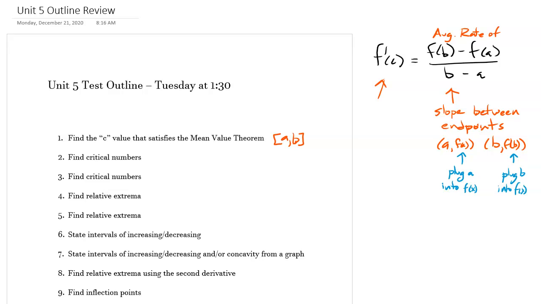F prime is the instantaneous rate of change. I'm going to guess that Khan Academy uses these terms a lot, probably, huh? Average rate and instantaneous rate of change. And that's not a bad thing to know or learn either.